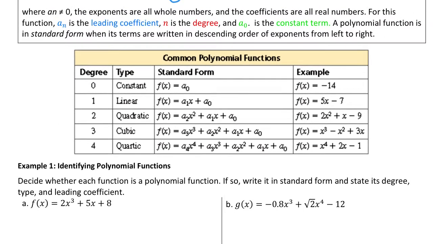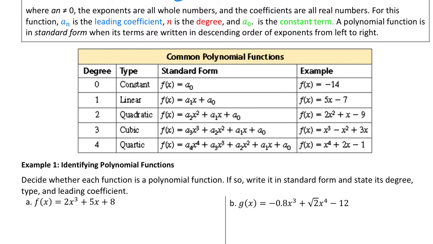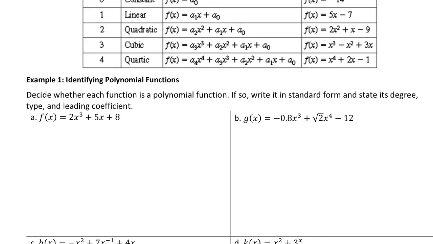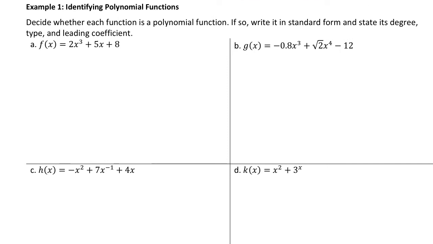This is the main thing, and I didn't really cover this in depth: for a polynomial function, the exponents are all whole numbers and the coefficients are all real numbers. That's the main thing. So the exponents here are all whole numbers, and the variables' coefficients are all real numbers. So Part A is a polynomial.